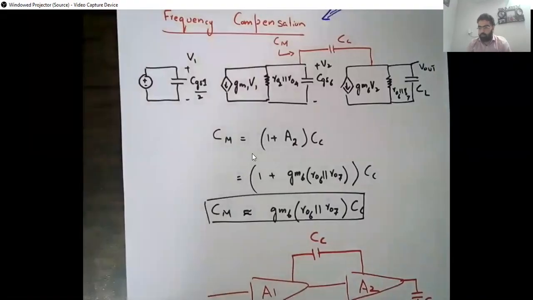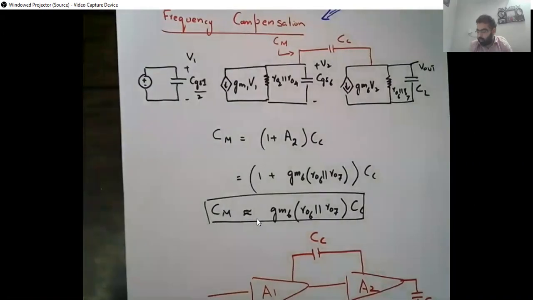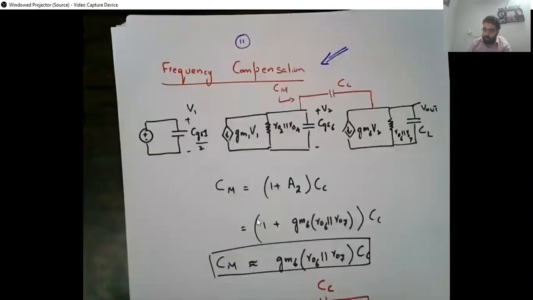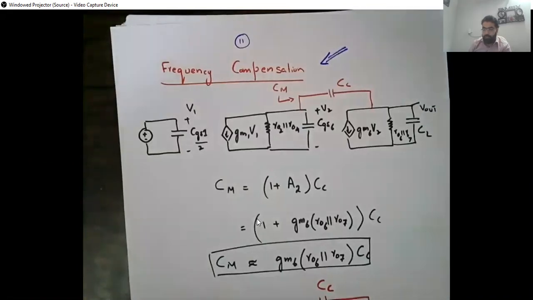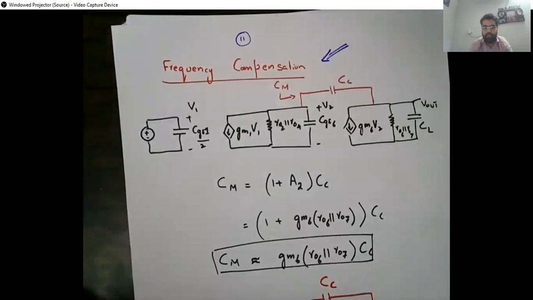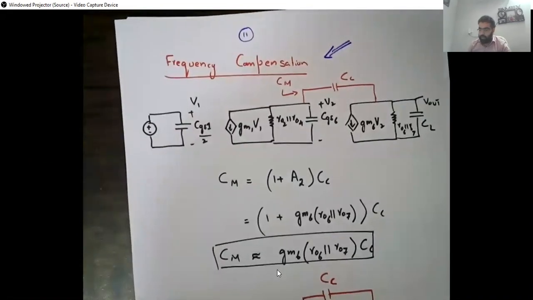So last time we were at the point where we placed a compensation capacitor in the two-stage amplifier, which can be seen on this page.